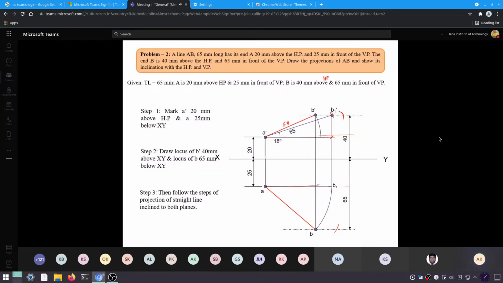From the front view, we can also get the true length. When we project it further over here on this line, we'll get the true length.